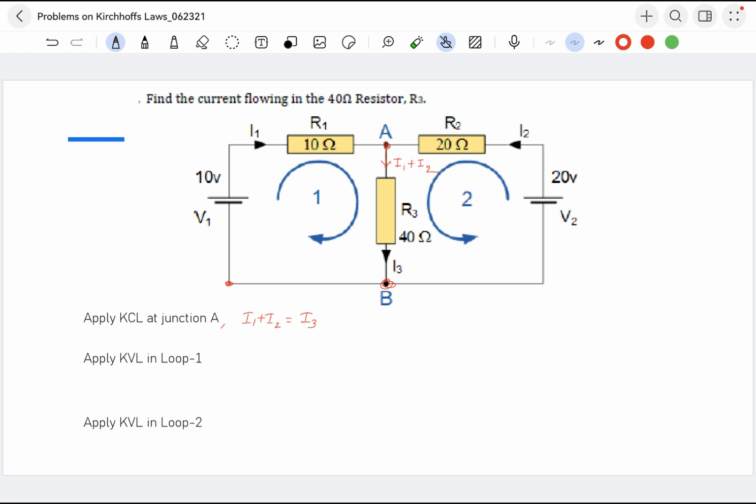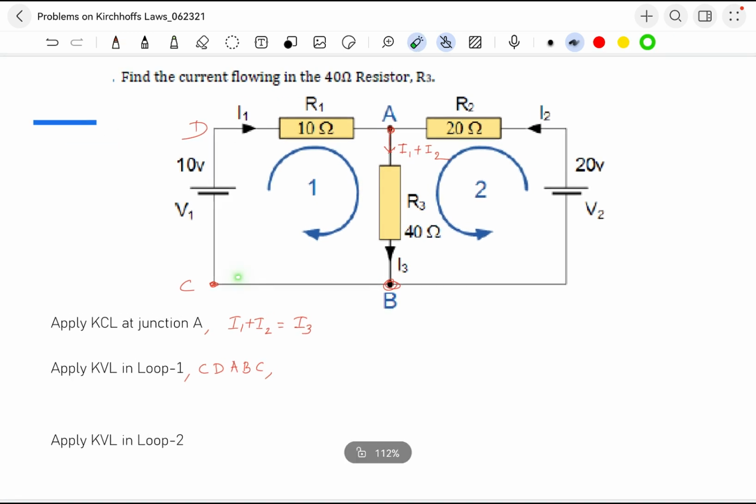Name it as A, and B is given here, so I want to call this one C and D. So my loop 1 is, I want to start from C, then D, then A, then B, and then come back to A. This is my loop. Whenever we are moving in a loop, CD is one branch, another branch, this is another branch, total 4 branches we can see here.